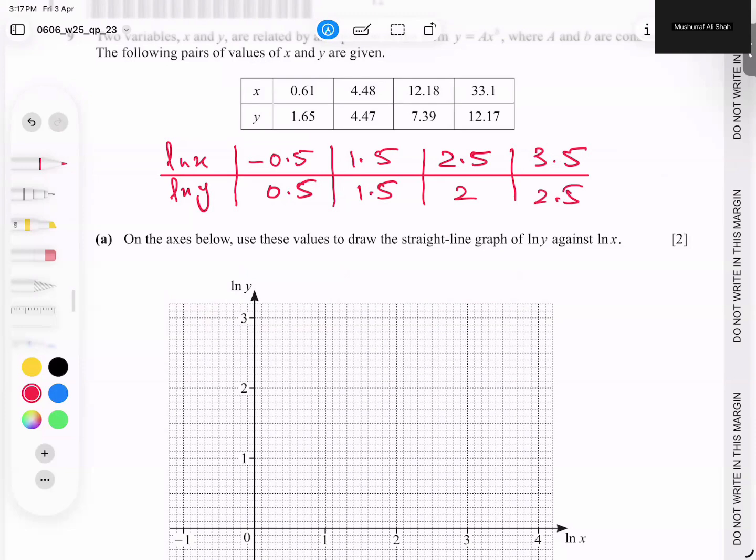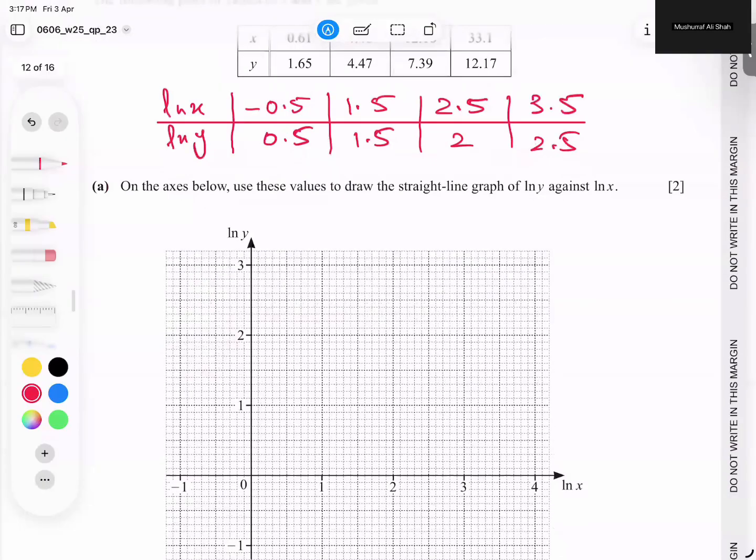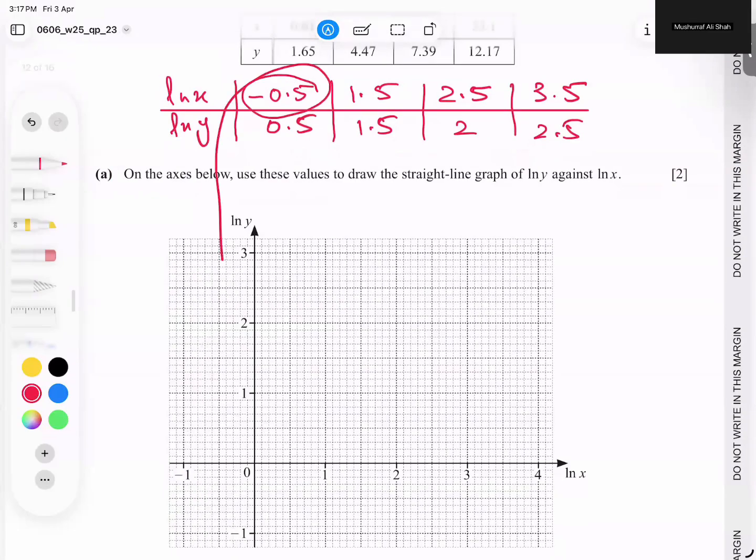So students, now I'm going to draw. Where is this point? X negative 0.5 is here and positive 0.5 is here. Let me check once again. Second point, 1.5 and 1.5. 1.5 here and 1.5 here.